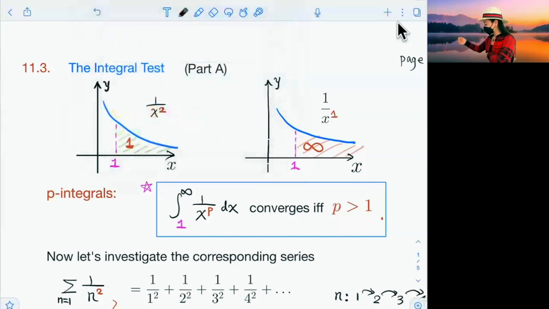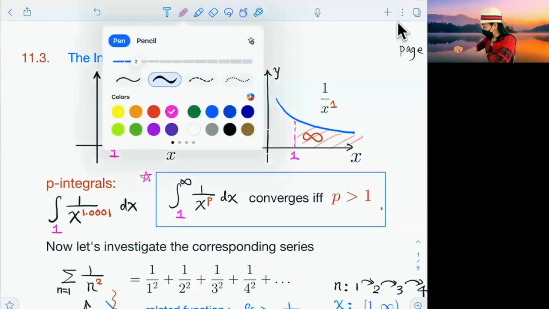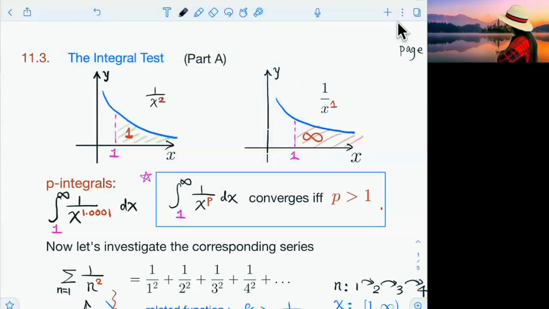Maybe for some more examples, what about 1 over x to the 1.0001 dx, x goes from 1 to infinity? This p-integral, convergent or divergent? It converges because the p here is greater than 1, right? Good.